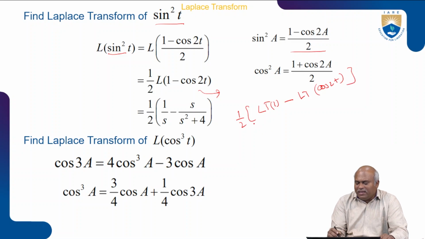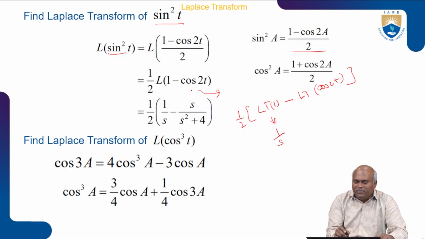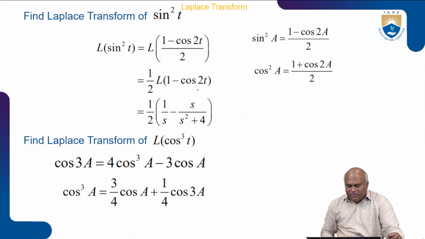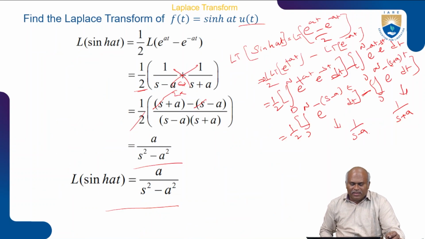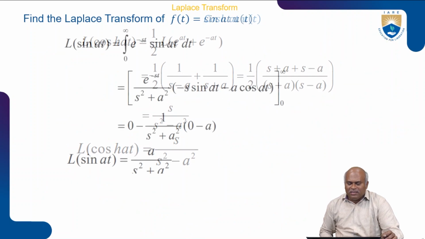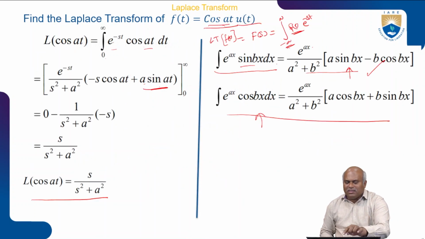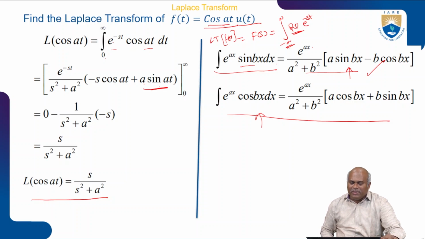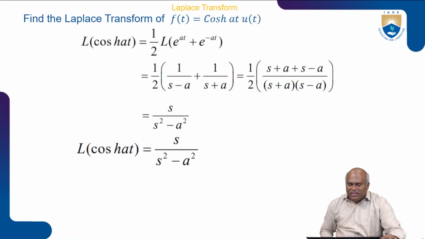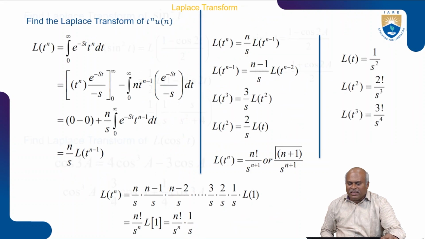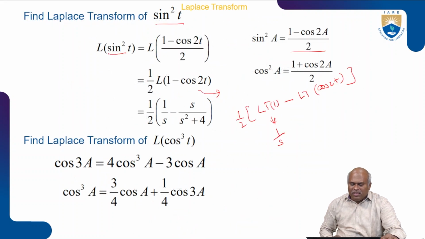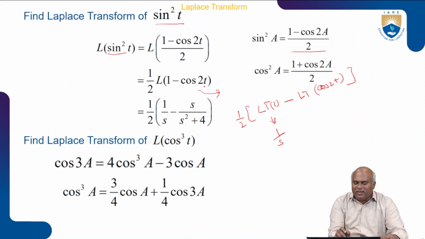Okay, we write. So the Laplace transform of 1 is represented as 1 by s, we know. So we know cos omega, we studied further here. Laplace transform of cos at we studied as s divided by s square plus a square. For cos 2t, a is equal to 2.